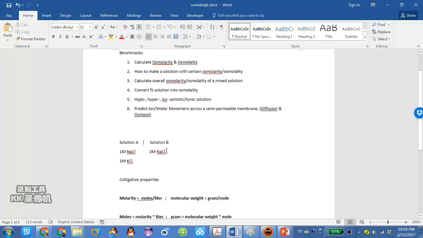So sodium is going to move from B to A. That's the diffusion of a specific ion. So it's irrelevant to the overall concentration of these two solutions, and irrelevant to the osmosis process of the two solutions.